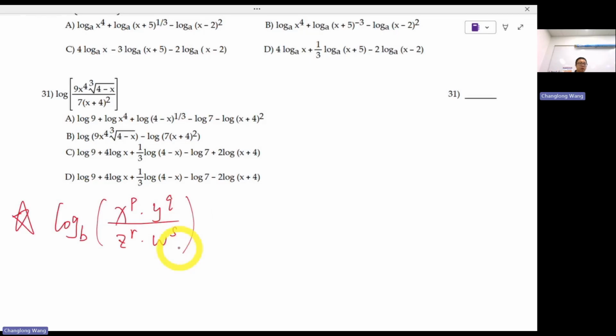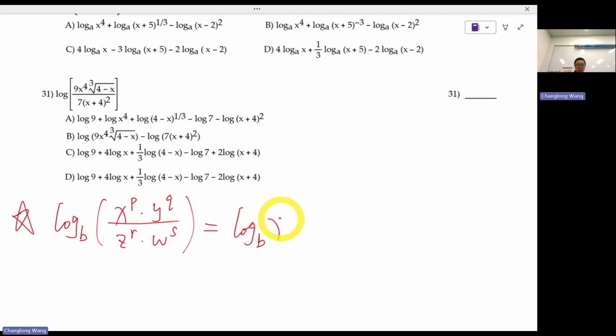Okay. Now, how do you expand it, right? And using those properties, there'll be 4 terms. All of them are in terms of log of the same base.